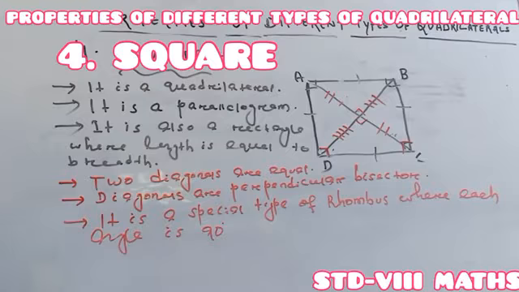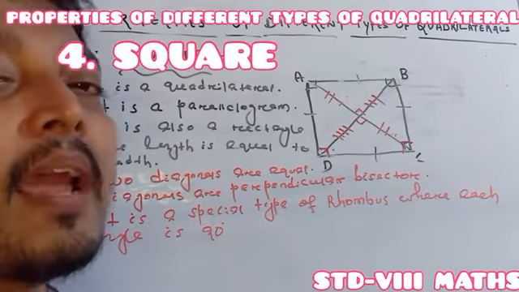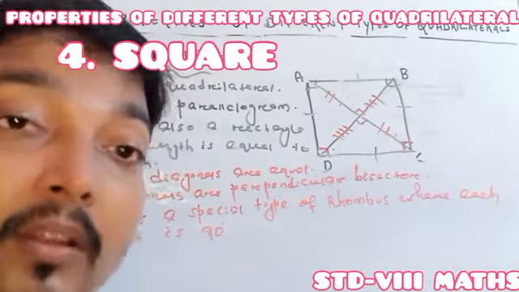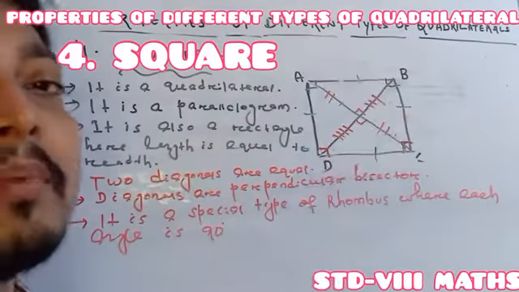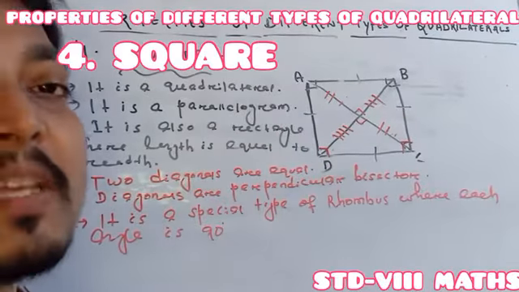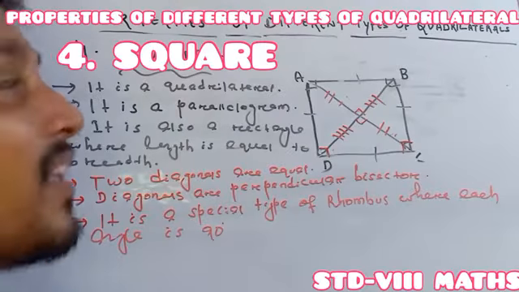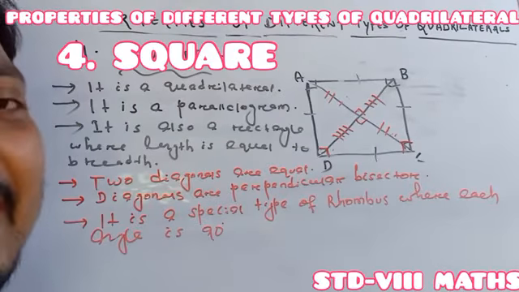Why it is a special type of rhombus? In the rhombus, angles may not be 90 degree. Here it is each of the angle compulsorily it will be 90 degree, for which it is called as our special type of rhombus. Understood? Now we will do the discussion on regarding our trapezium.